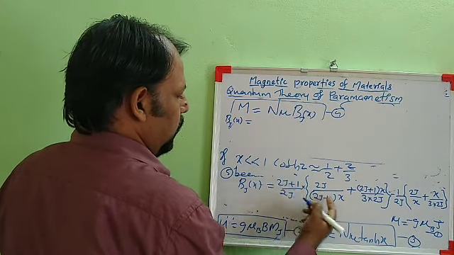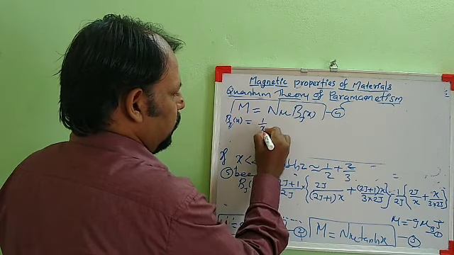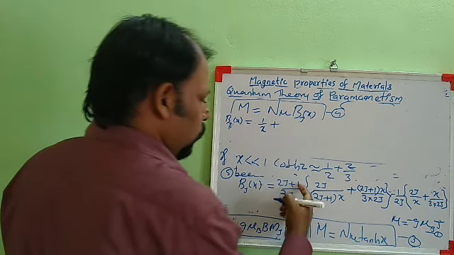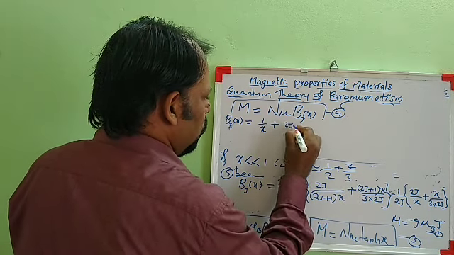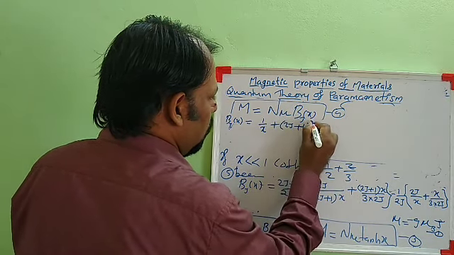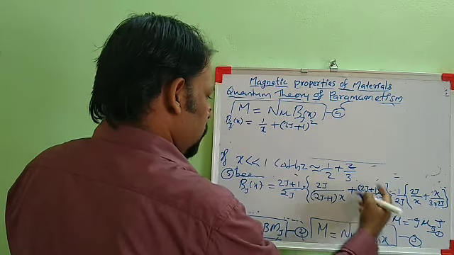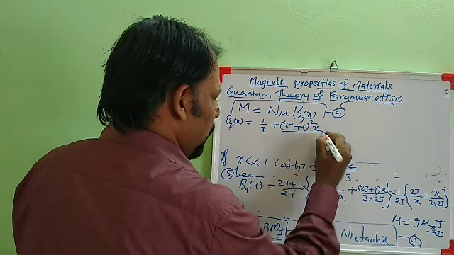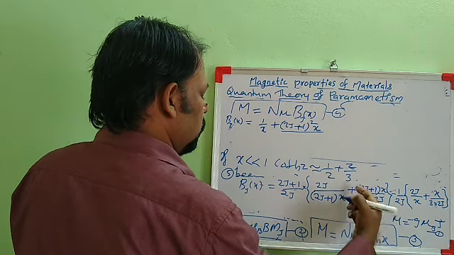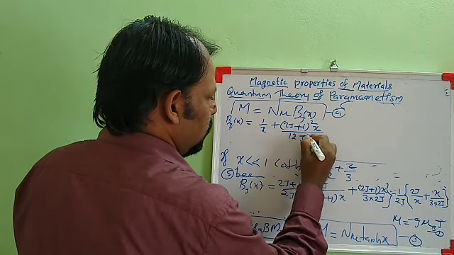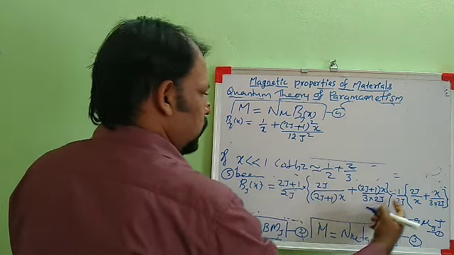So it will be 1/x, then plus (2j+1)/2j into this one. So it will be (2j+1) the whole square x, by denominator 2j, 4j square into 3, 12j square. Denominator will be having 12j square.